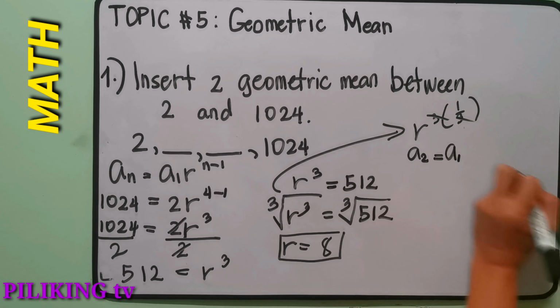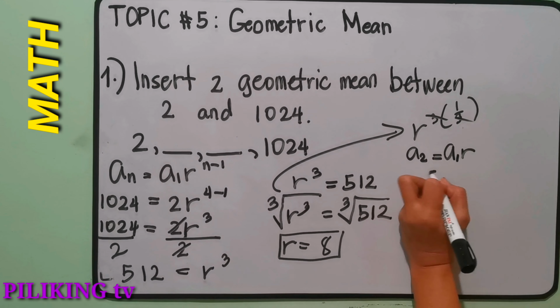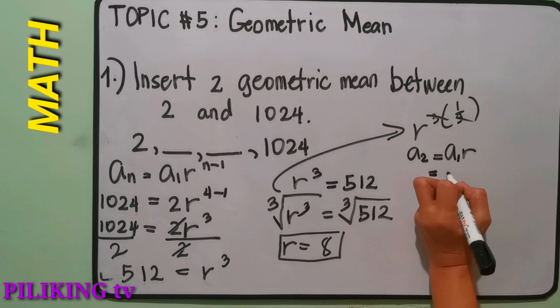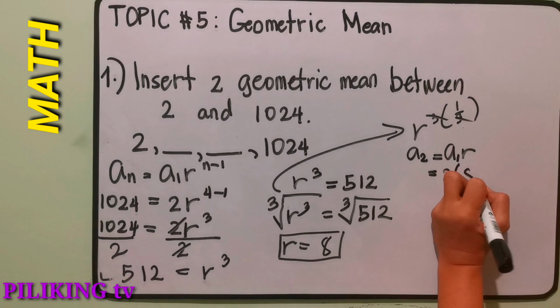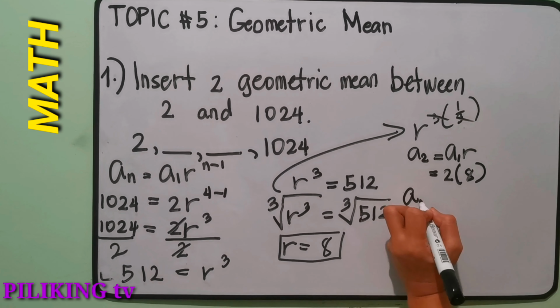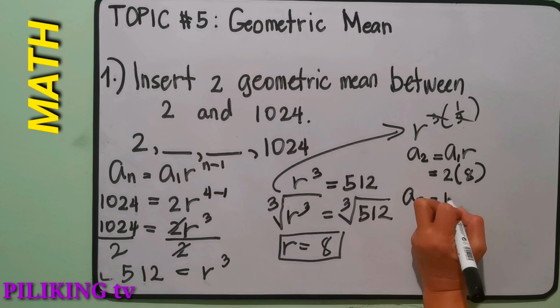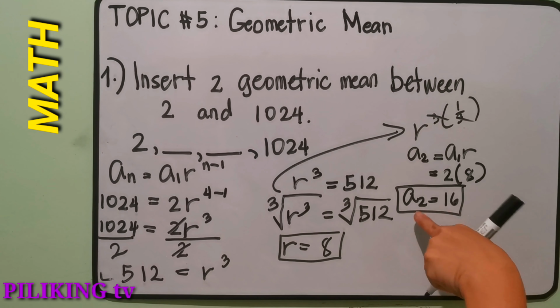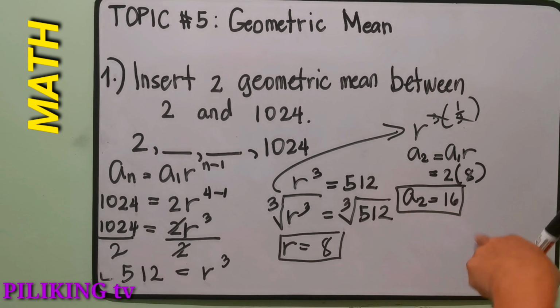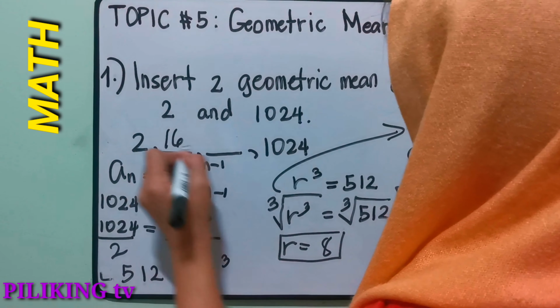So a sub 1 times the common ratio. So our first term is 2 times the common ratio, which is 8. So therefore, a sub 2, or the second term, is 16. Okay, so we now have the second term, which is 16.